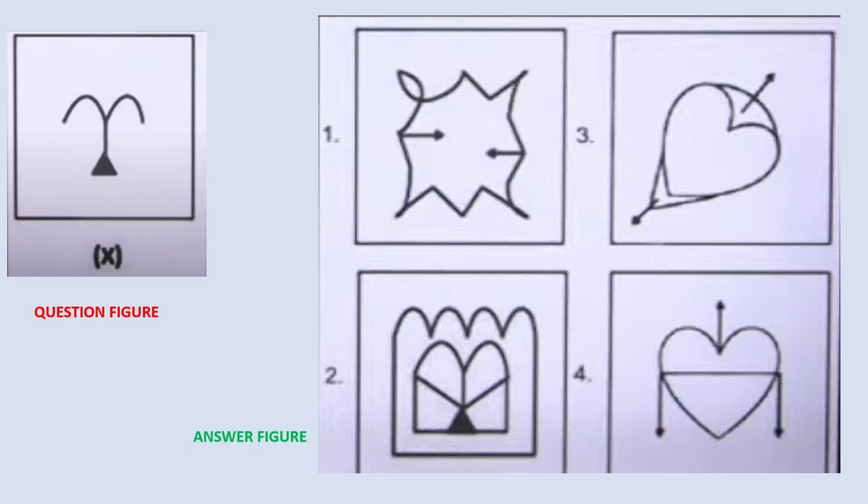Okay, so the question figure is something like this. This is again a full type question figure, and then you have options like this and like this, correct? Can you see it in the first figure? No. Third figure?